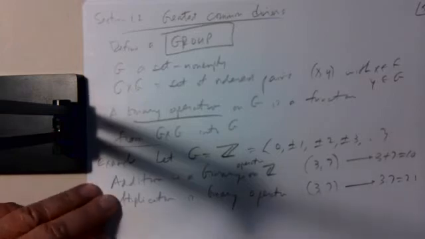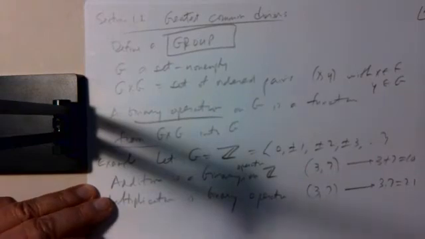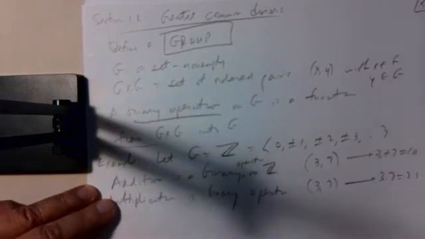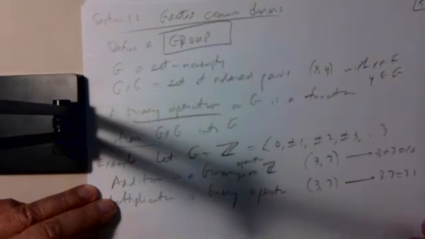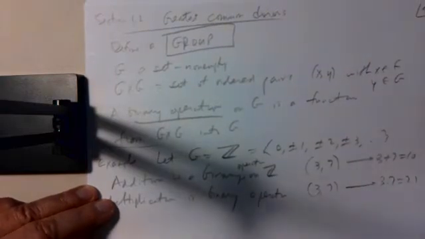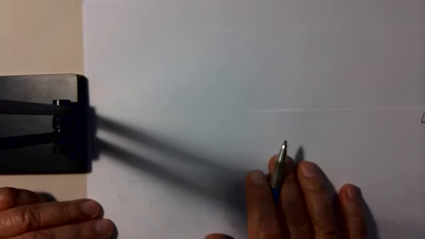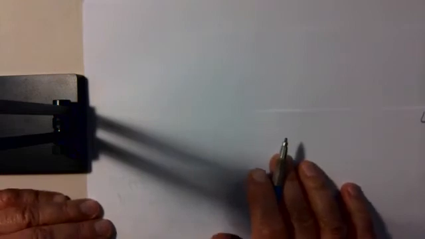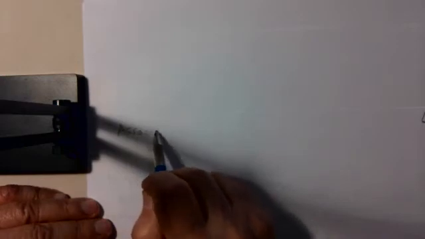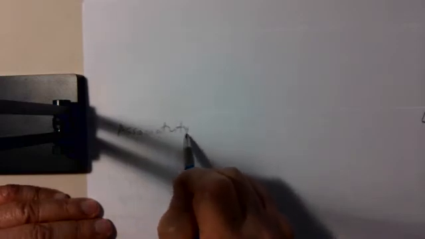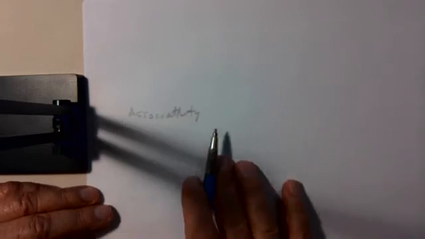Now, this set with a binary operation can have some basic properties, and all you have to do is keep in mind addition and multiplication and see that those properties are satisfied. So there's a property called associativity.